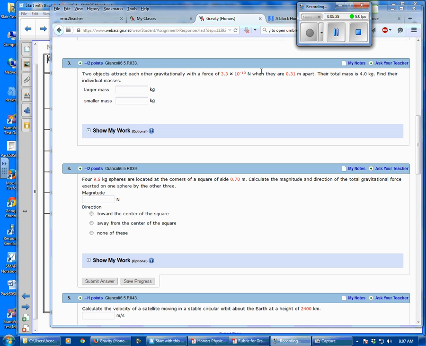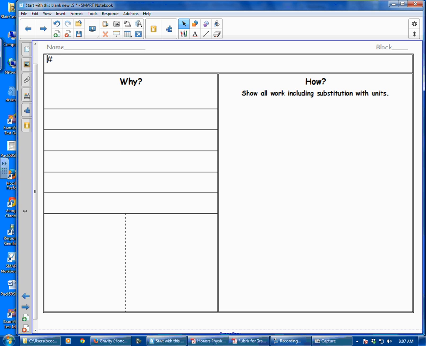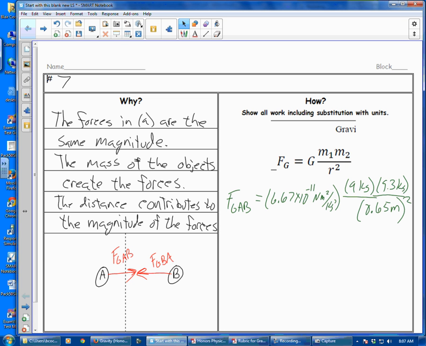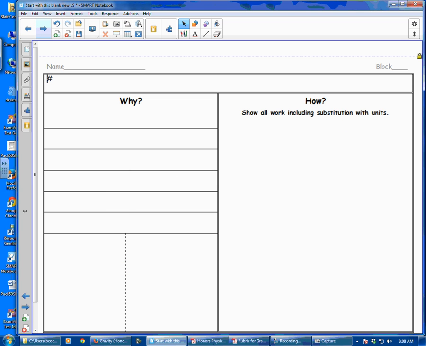It's tempered by the distance they are apart, and it would be the same force diagram. So the why for number 7 that we did, just because it's Friday, translate that into number 3, and it's the exact same understanding. So, the math for number 3.